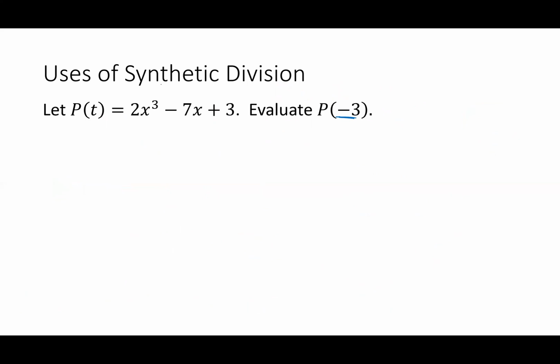Another way to think about this problem is, what is the remainder of 2x cubed minus 7x plus 3 over x plus 3? That's really what I'm asking for here. So let's go ahead and figure out what that is.